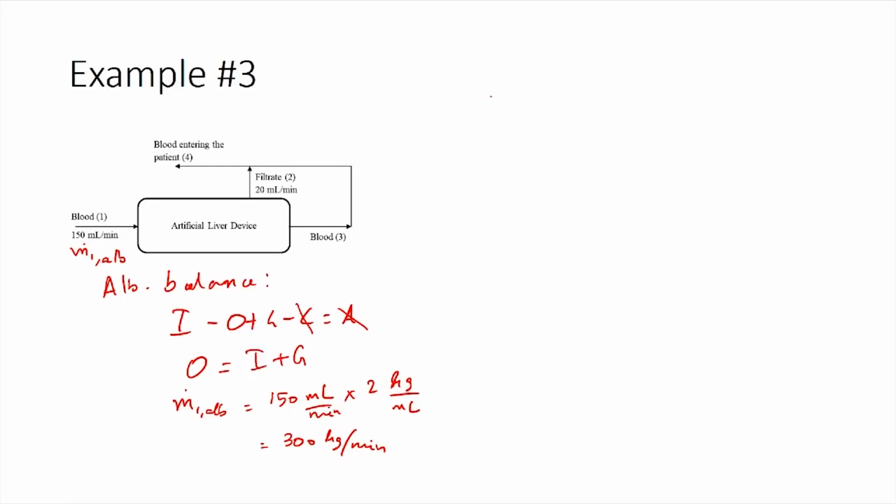So, the generation term can be calculated as 5 grams per day, given to you in the problem. This needs to be converted to micrograms per minute. So, how do we do that? 1 gram contains 10 power 6 micrograms.